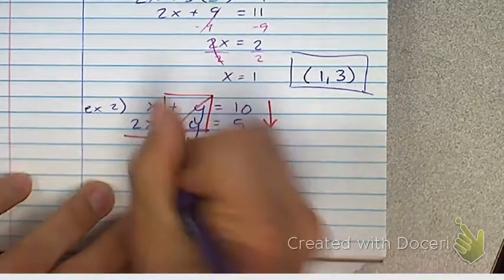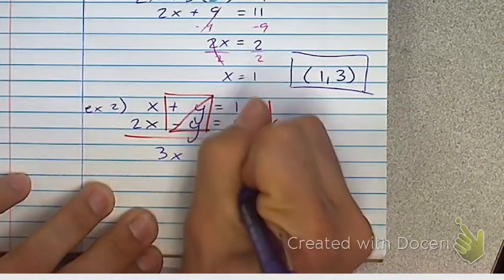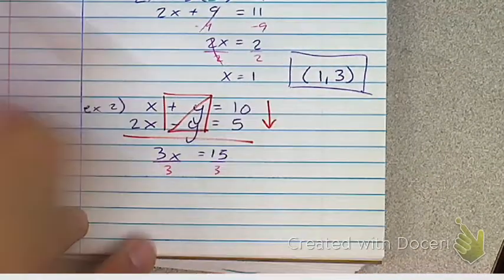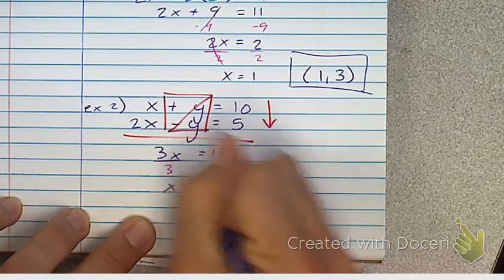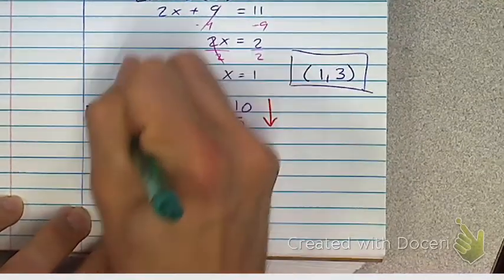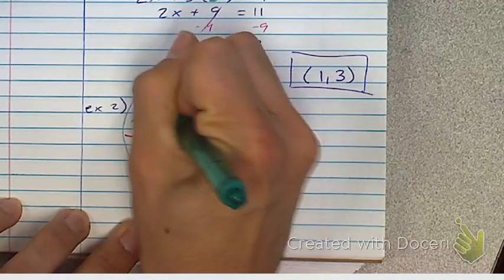You get 3x equals 15. You divide, and you get x equals 5. We take that and we're plugging it back in to the x, because that's what you found.